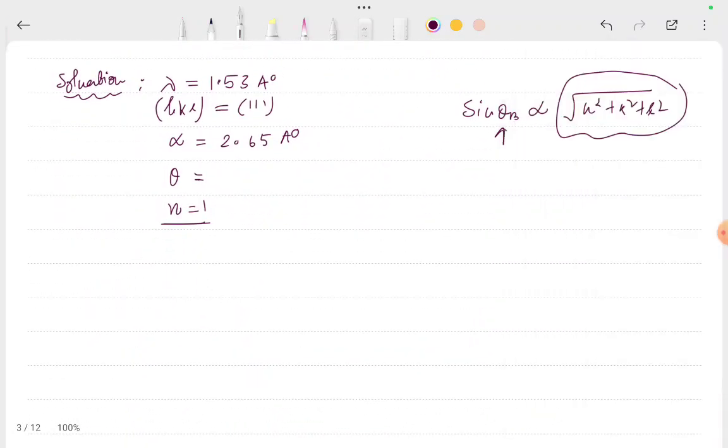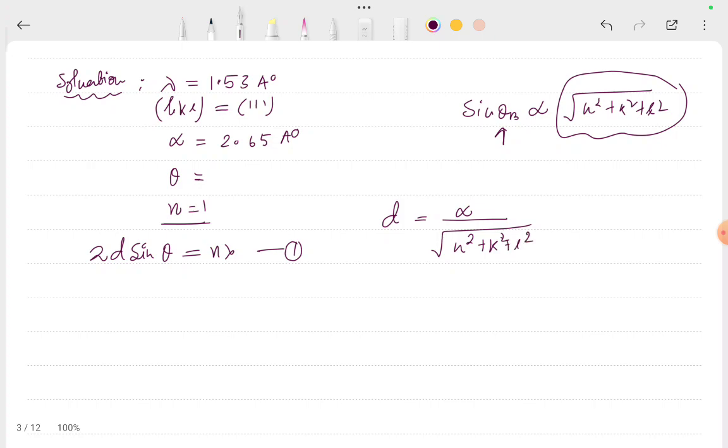We use Bragg's law to calculate the value of theta. So 2d sin theta equals n lambda. Here the value of n equals 1. This is equation number 1. Now we calculate the value of d. For simple cubic crystals, d equals a upon root of h square plus k square plus l square.